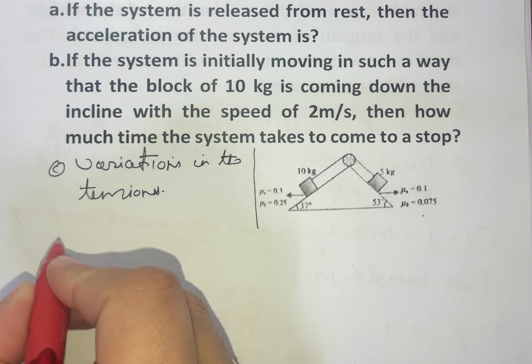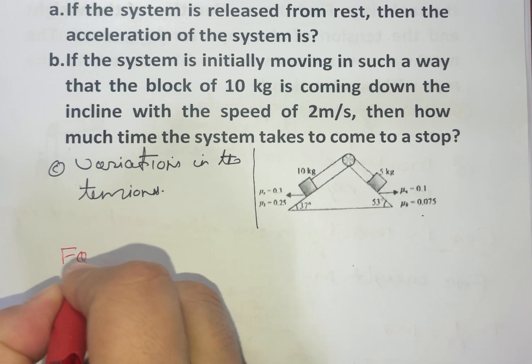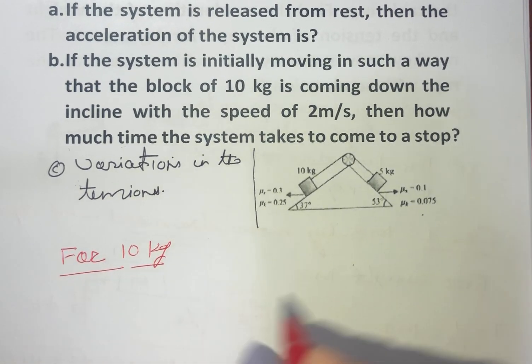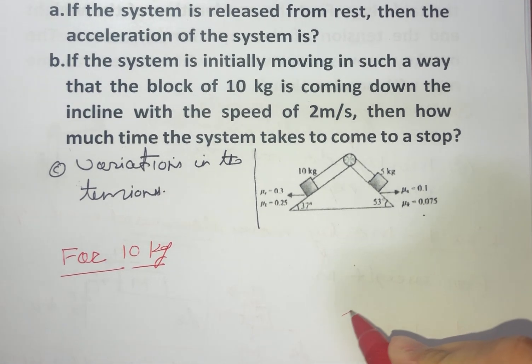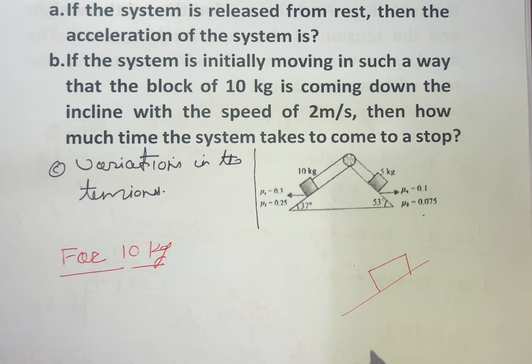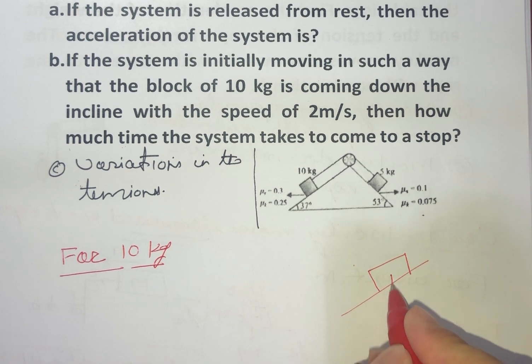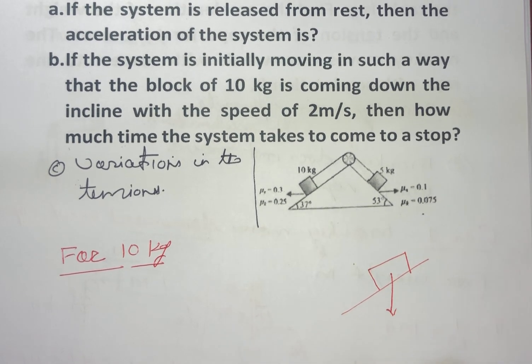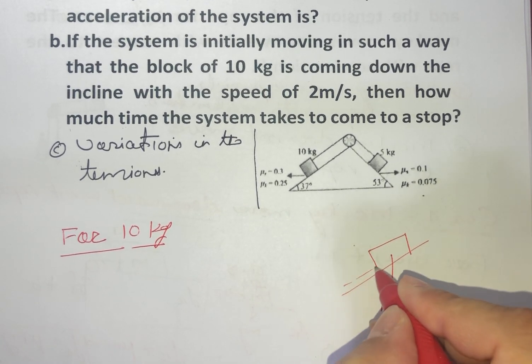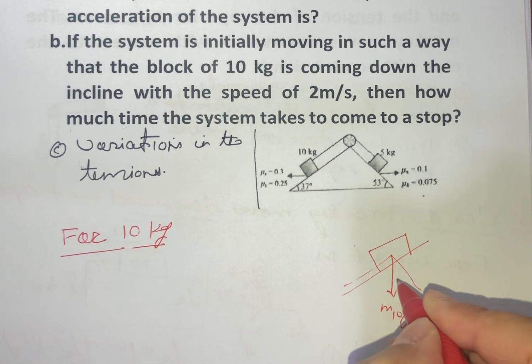So let us say for 10 kg, in the downward direction we are going to have m10g, which can be divided into two components.